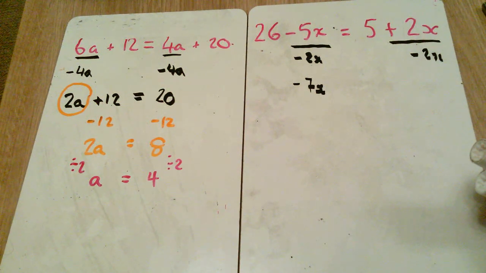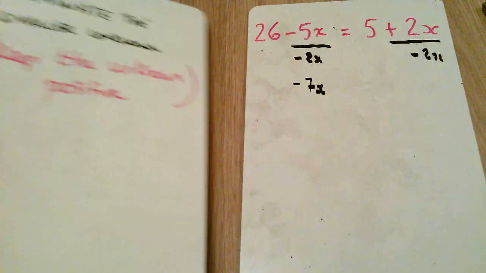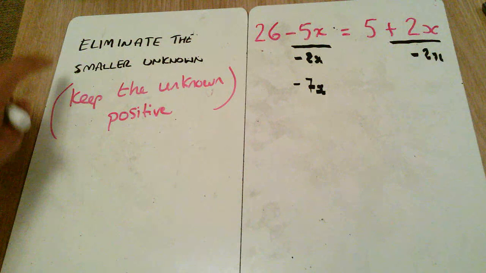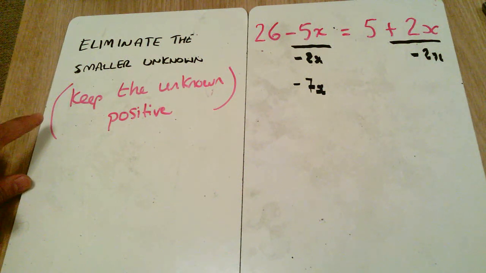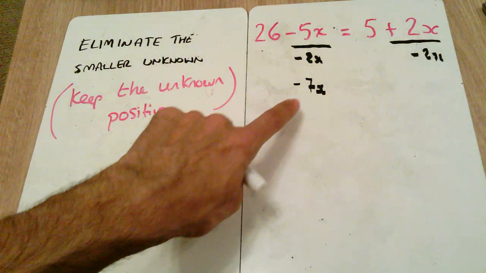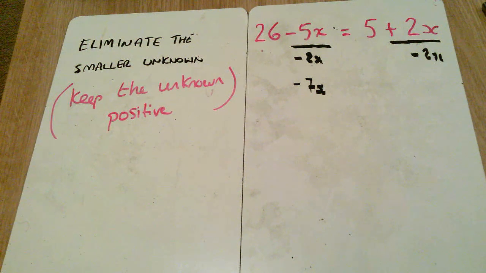But my advice when you solve equations with unknowns on both sides is to eliminate the smaller unknown, i.e. keep the unknowns positive. Over here, I've got minus 7x. My unknown now is not positive, it is negative.